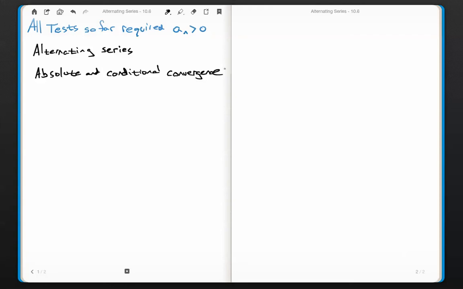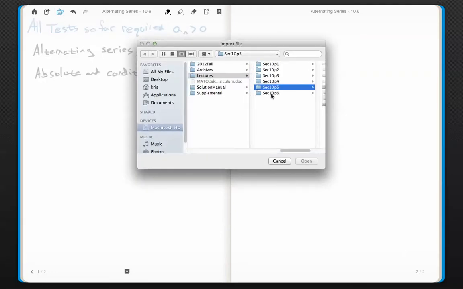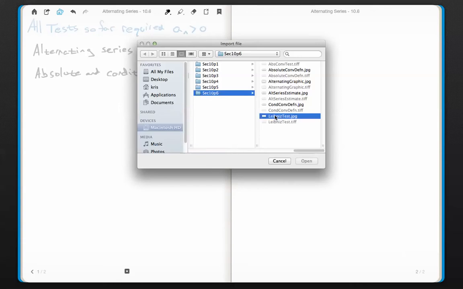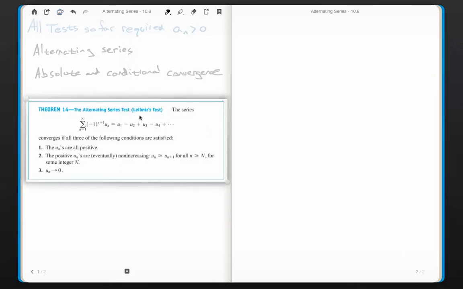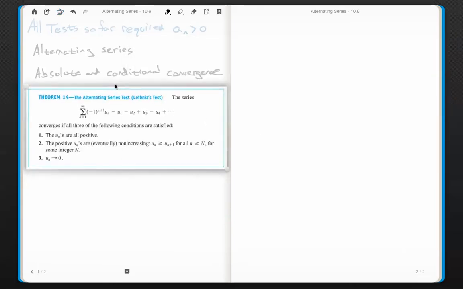Okay, so we'll get right into it, and I'll throw the first definition in there, and that is something called the Leibniz test. And so what does this say?